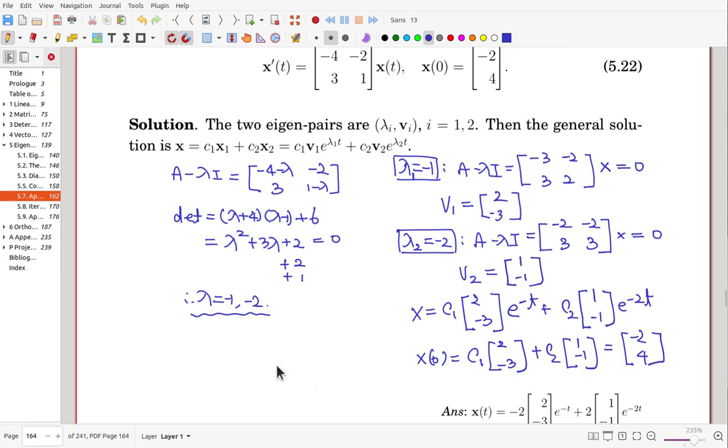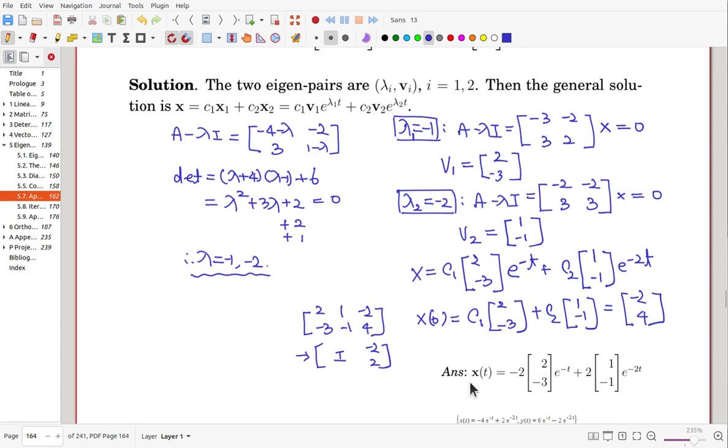To find C1 and C2, you may start with the corresponding augmented matrix: 2 minus 3 and 1 minus 1, the first column, second column, and the right side minus 2 and 4. If you apply elementary row operations, the first portion will become identity, and the right side will become minus 2 and 2. So C1 is minus 2, C2 is 2.